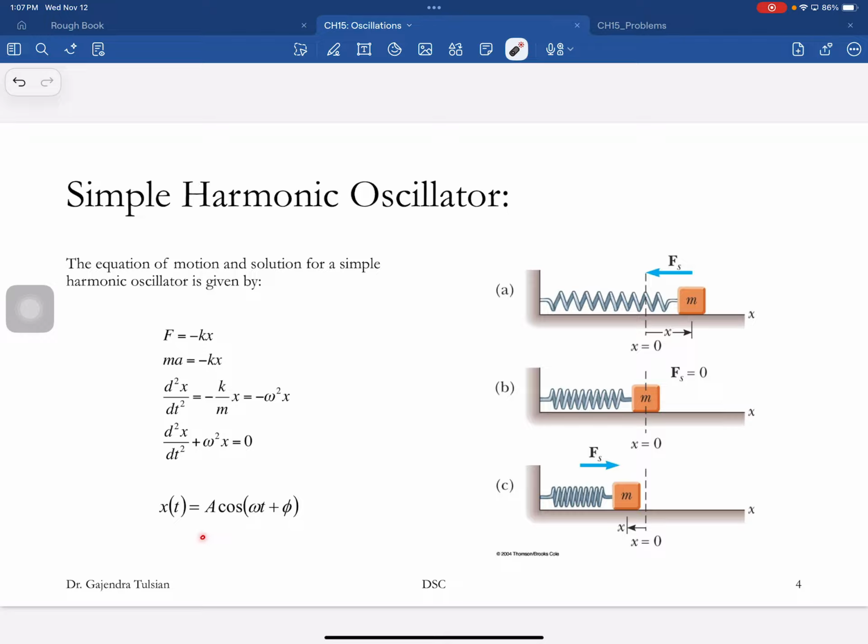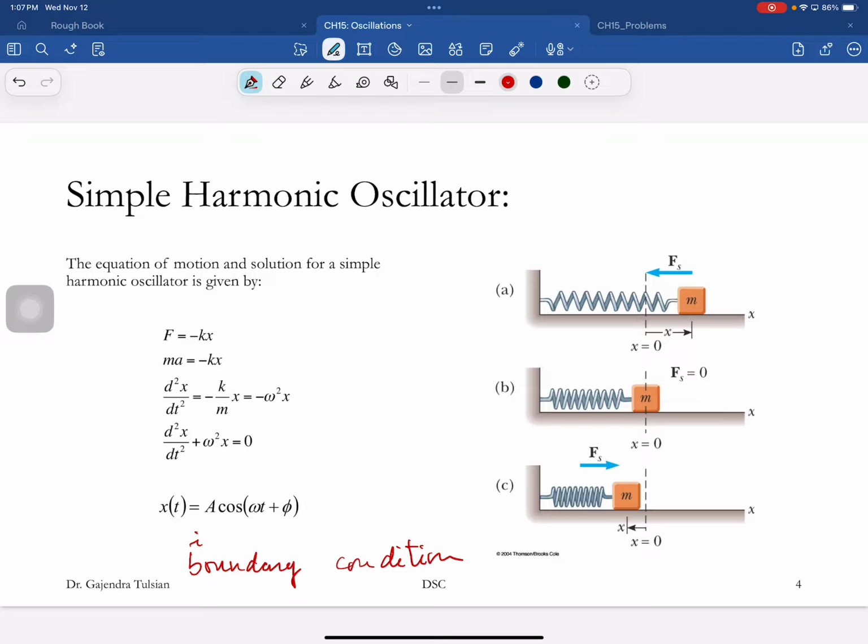In this solution there were constants A and phi that were not part of the original equation. Only omega was a part of the original equation. And what will determine these constants, A and phi? Boundary conditions, that's what the mathematicians call it. And physicists like to say initial conditions.